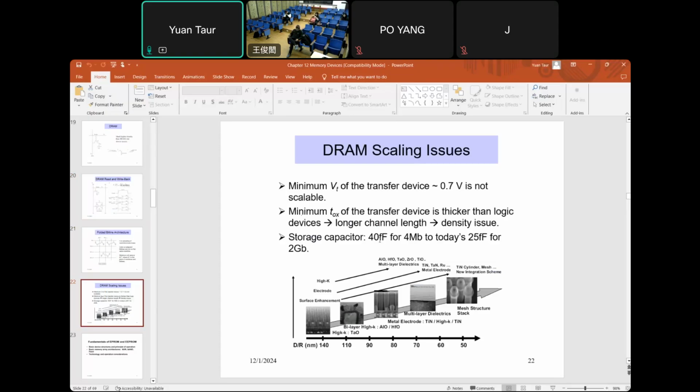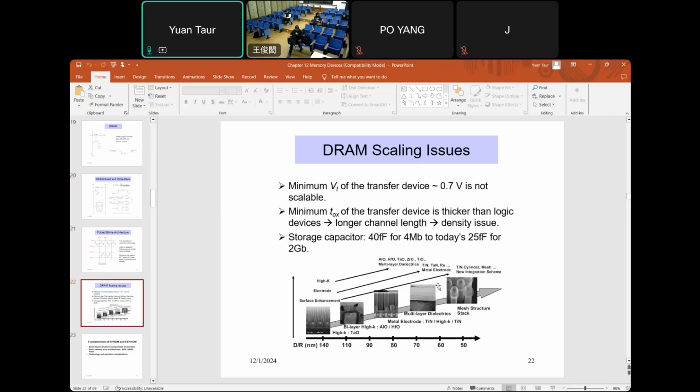Also, the storage capacitor is not easy to scale down either, because we have to maintain something like 20 femtofarad per cell or so for stability reasons.